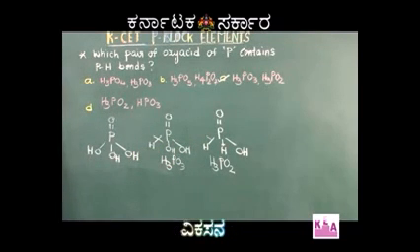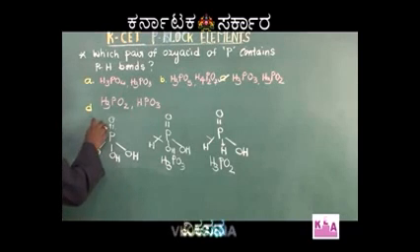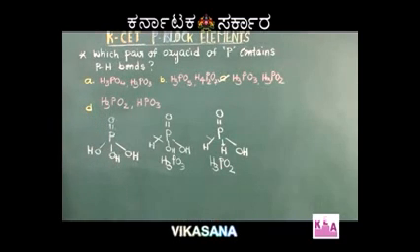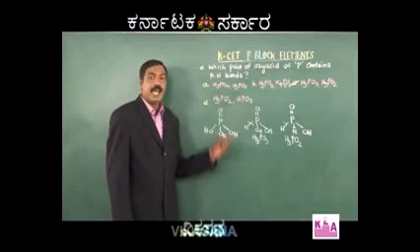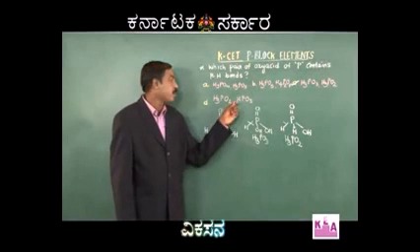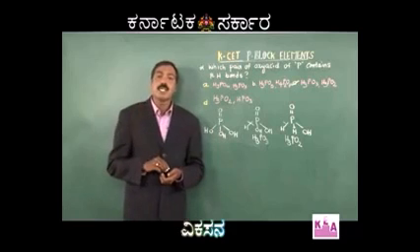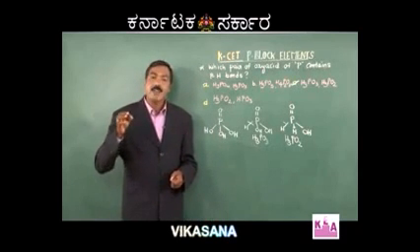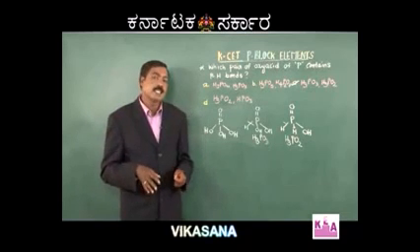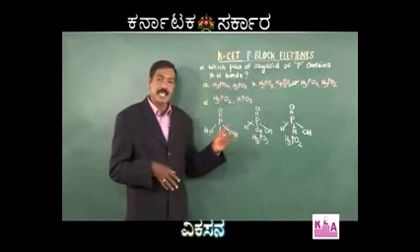You may have a doubt again. Why don't you try out for HPO3? I would like to speak about this. HPO3 is metaphosphoric acid. It doesn't have an open chain structure as I have here.